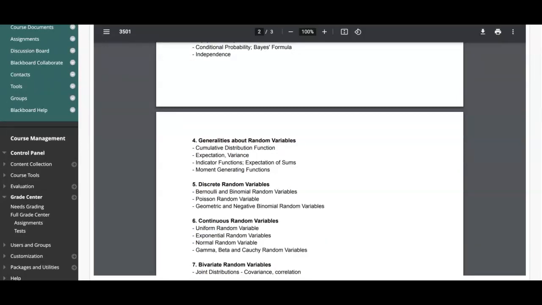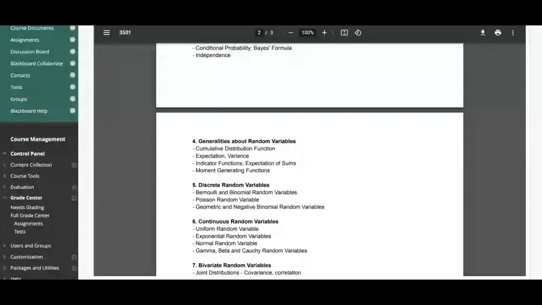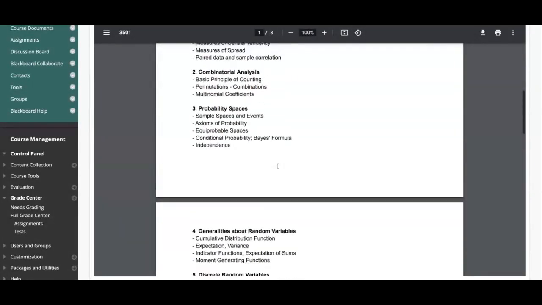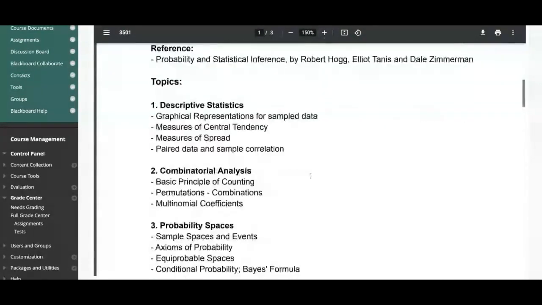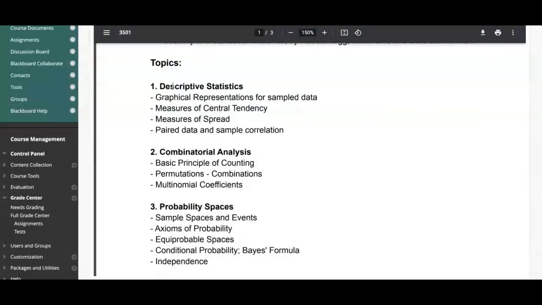Just study. Let's see this syllabus. So what have we studied? We didn't really do the first one, right? Because I think you understand this.